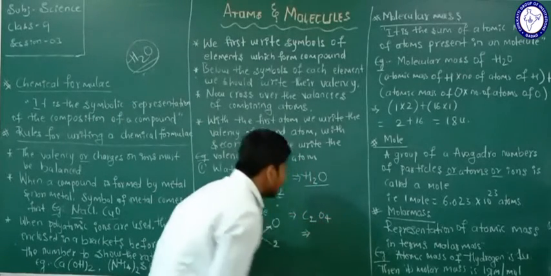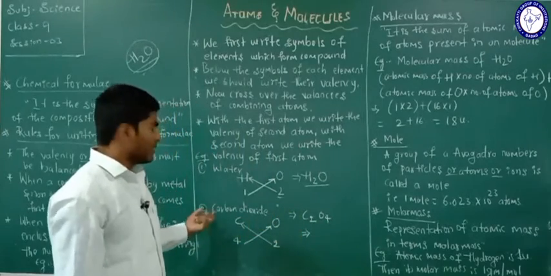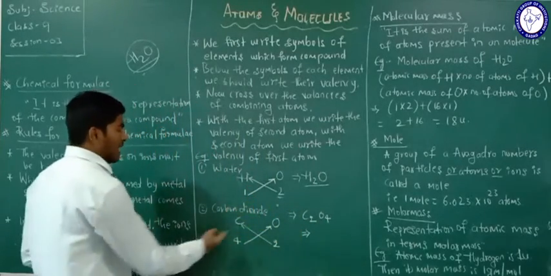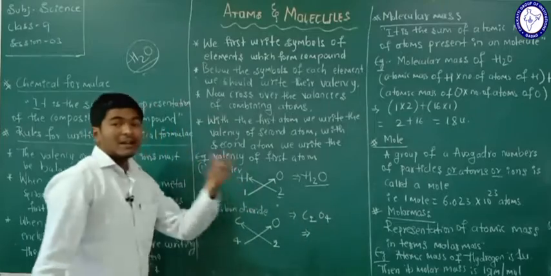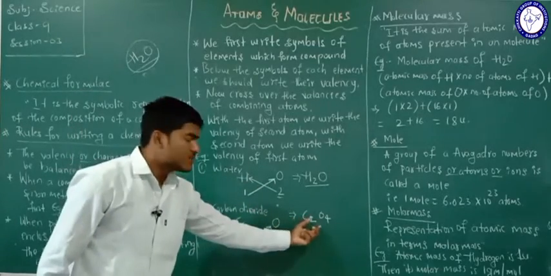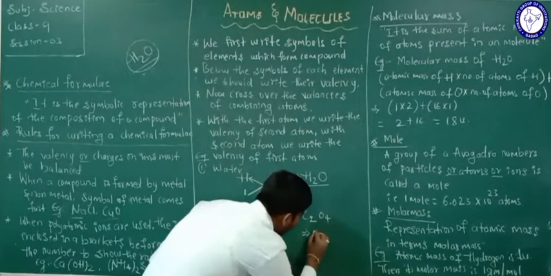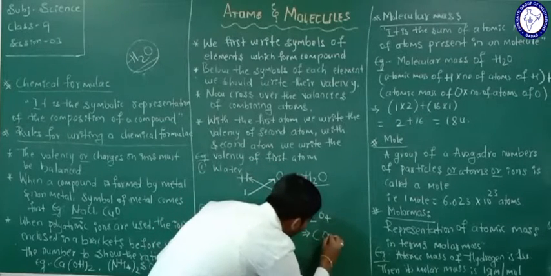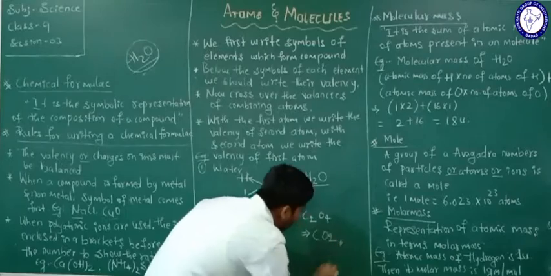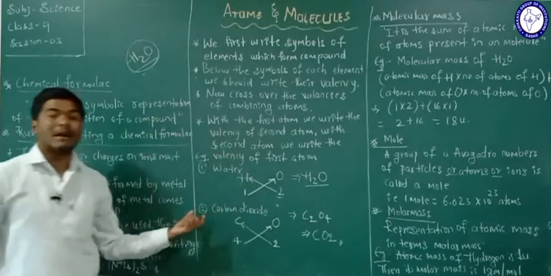So here we get the chemical formula of carbon dioxide as C2O4, but we can take 2 as common. So we take 2 outside, and we get CO2. This is the chemical formula of carbon dioxide.